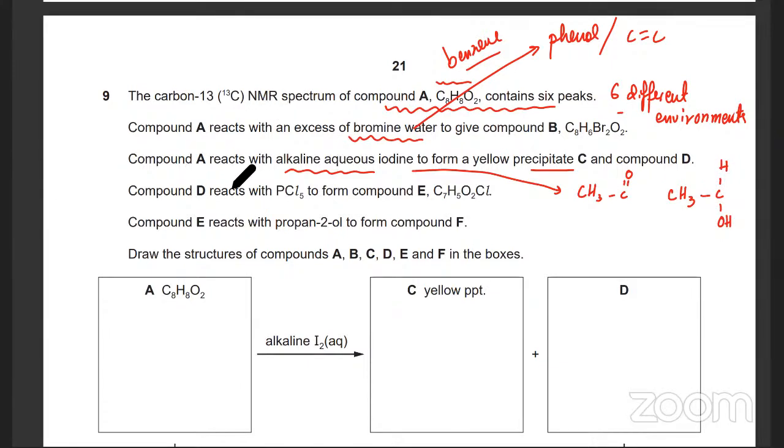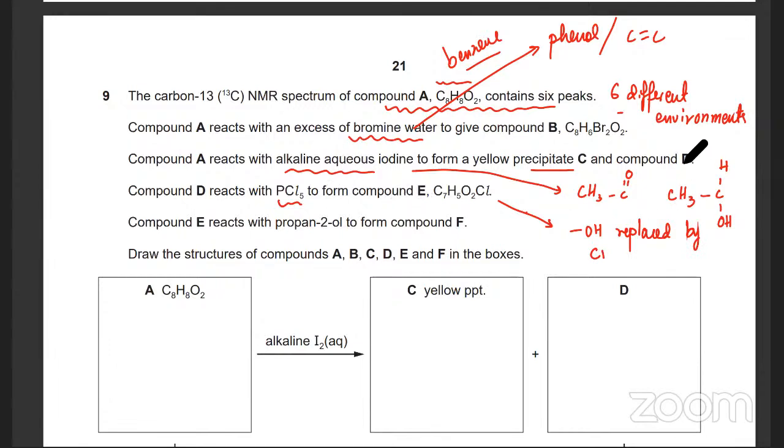The next part is it reacts with PCl5 to form compound E. PCl5 is known to react with OH groups, and the OH group gets replaced by a Cl.